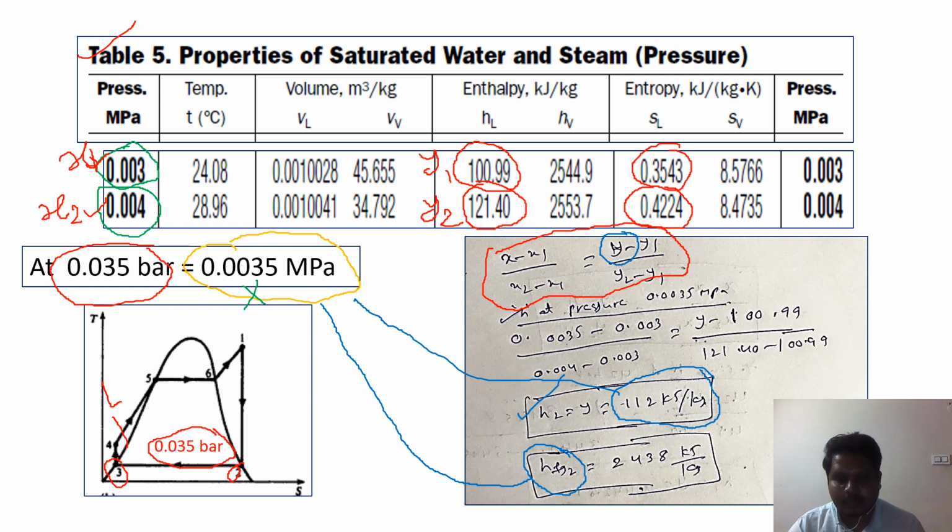Once we do the same procedure, we can find the HFG2 value at 0.0035 megapascal, that is 2438 kilojoule per kg. Here both H2 and HFG2 values are calculated by using interpolation at 0.0035 megapascal.